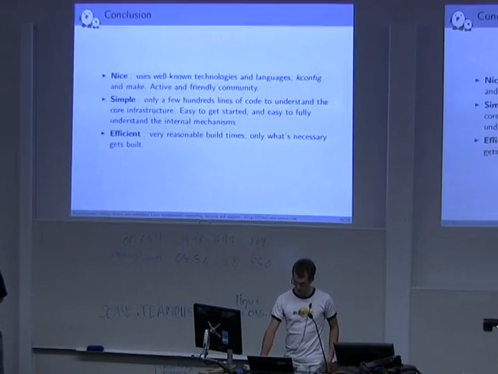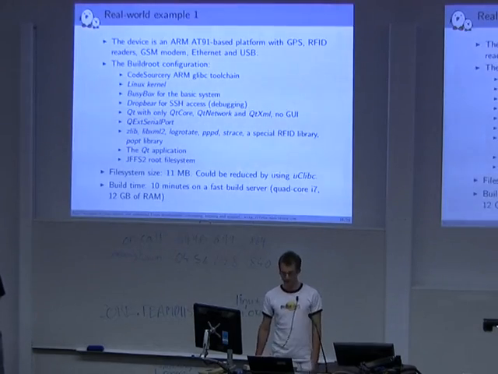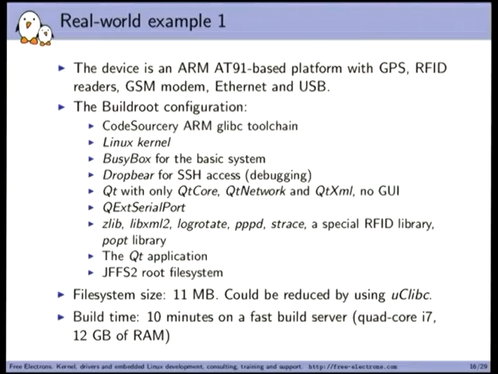For those systems that I've shown, basically just count the number of words, more or less. The toolchain is going to be one option, the Linux kernel is going to be maybe 5, 6 to select the right version and config, BusyBox is one option, Dropbear is one, Qt is a bunch more, maybe 5, 10 options. Each of zlib, libxml2, logrotate, ppbds trace are going to be one option each. The Qt application is one.